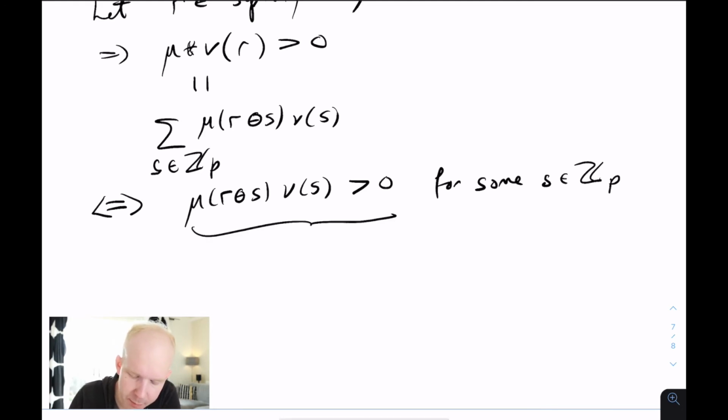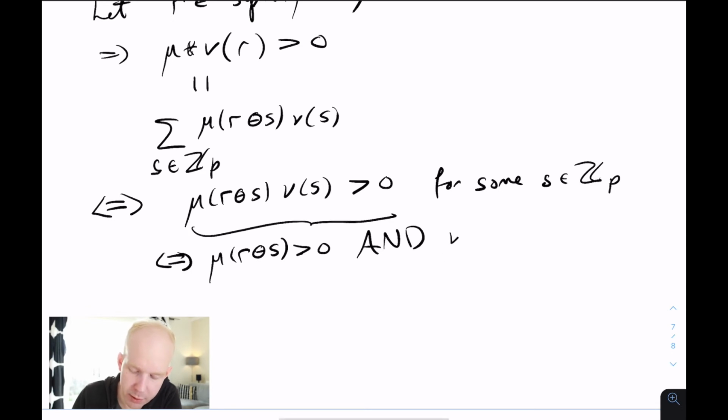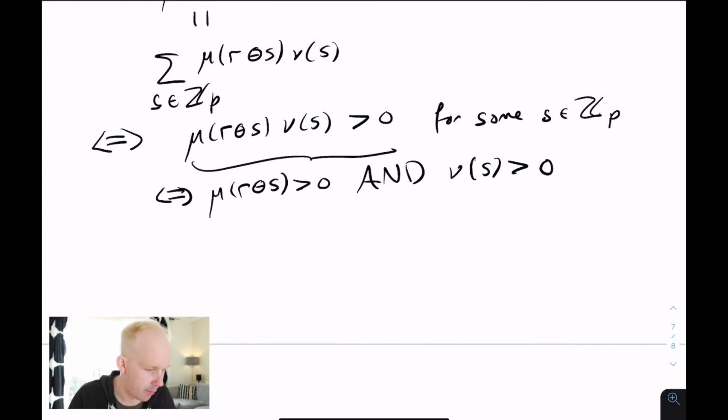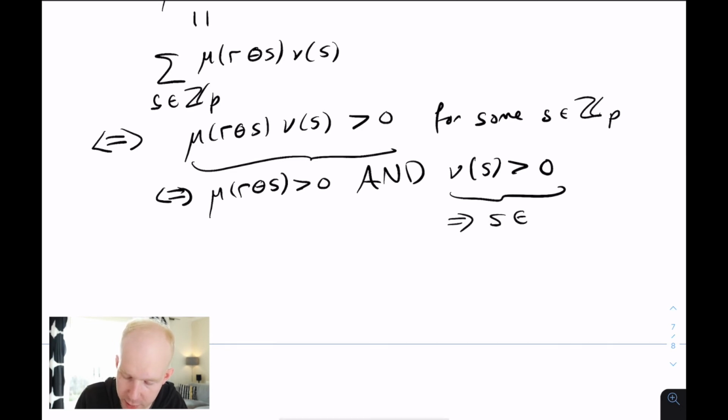This is possible if and only if mu(r minus s) and nu(s) are both positive, otherwise it's impossible for the product to be positive. In particular, nu(s) positive means that s belongs to the support of nu.